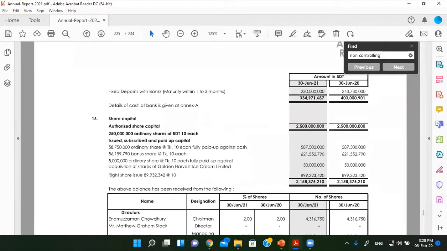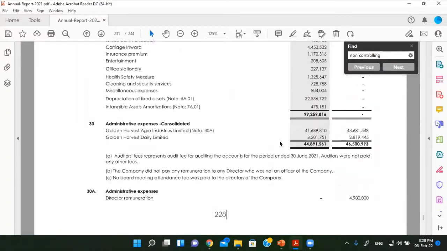So let's look at the annexure A first. Then we'll talk about how can we classify.